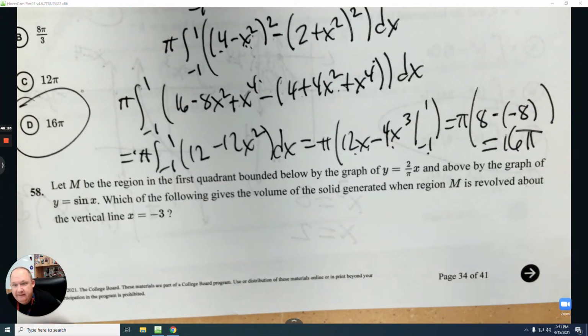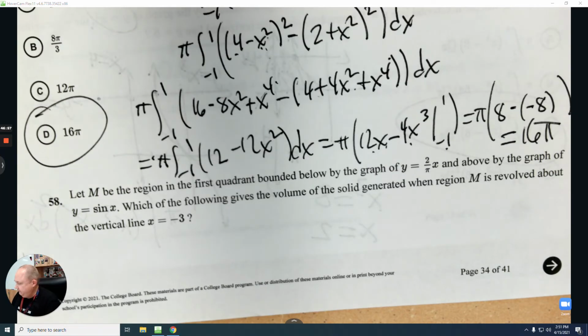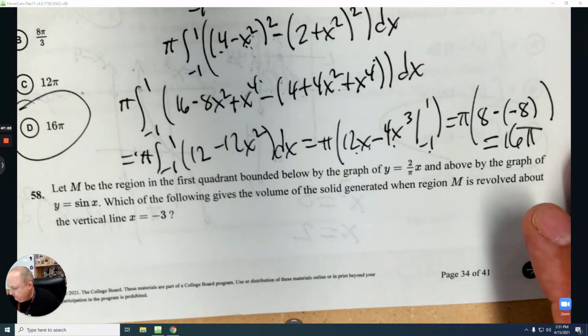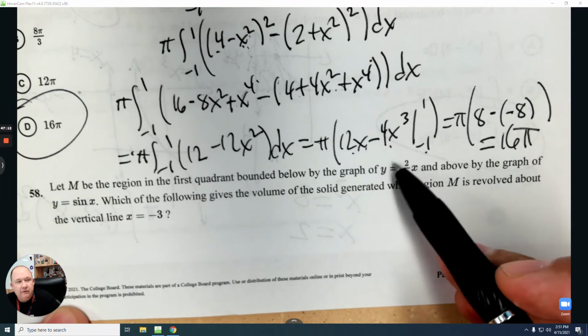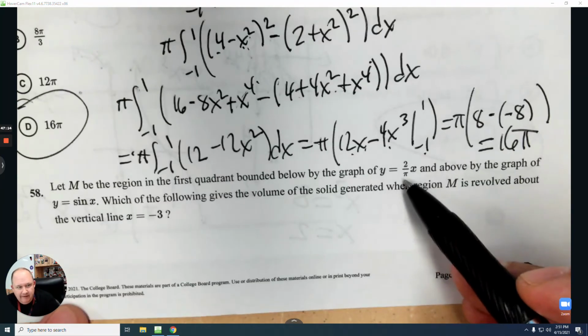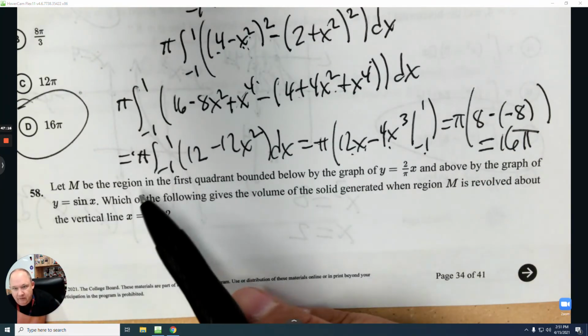Number 58. Let M be the region in the first quadrant, and you're given the graph y equals 2 over pi x and the graph sine x.